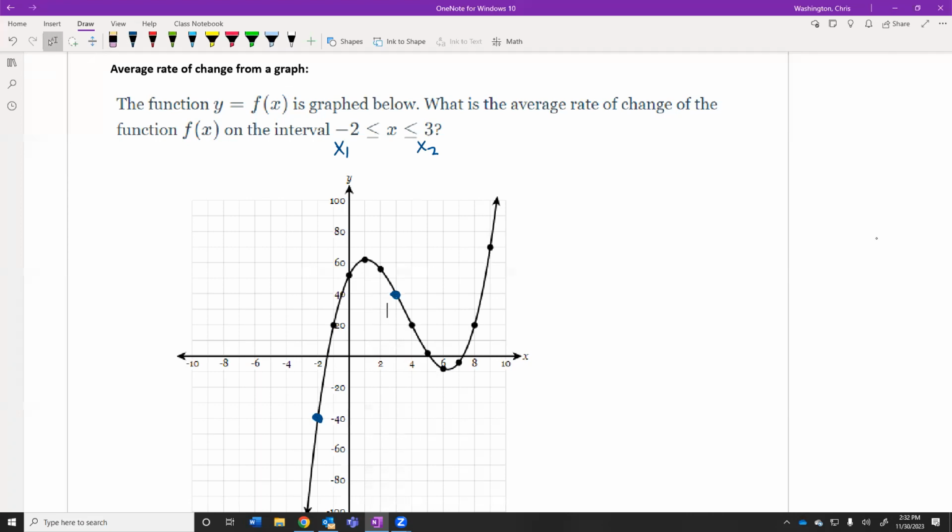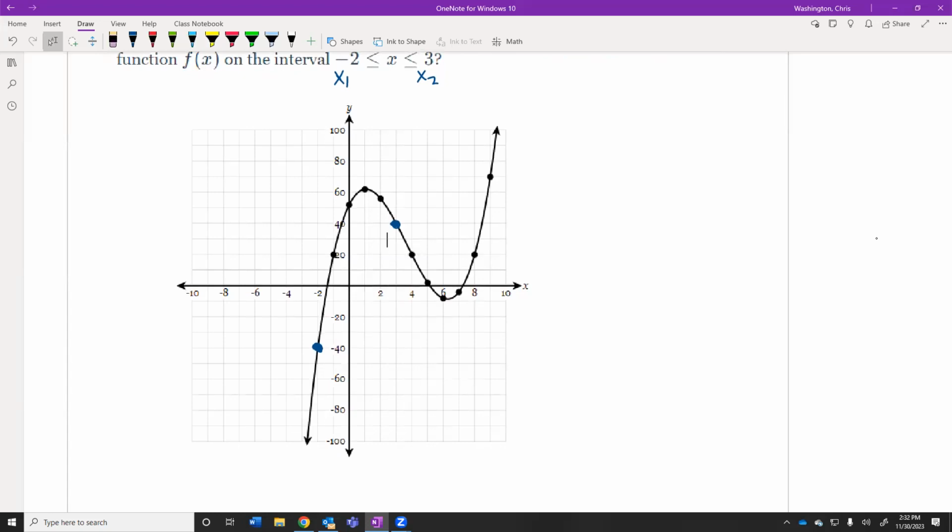And this idea of average rate of change is really just the slope of the line that connects those 2 points. So if we were to connect these 2 points, the average rate of change is going to be equal to the slope of that line. That's all average rate of change is. In real life, it talks about how much did it snow per hour on average.